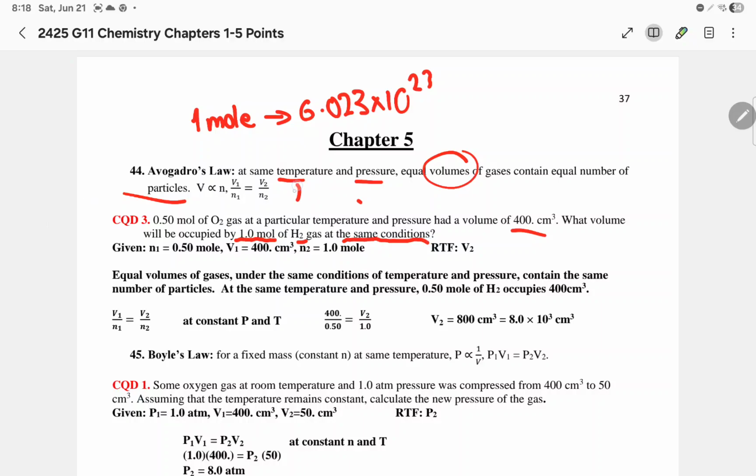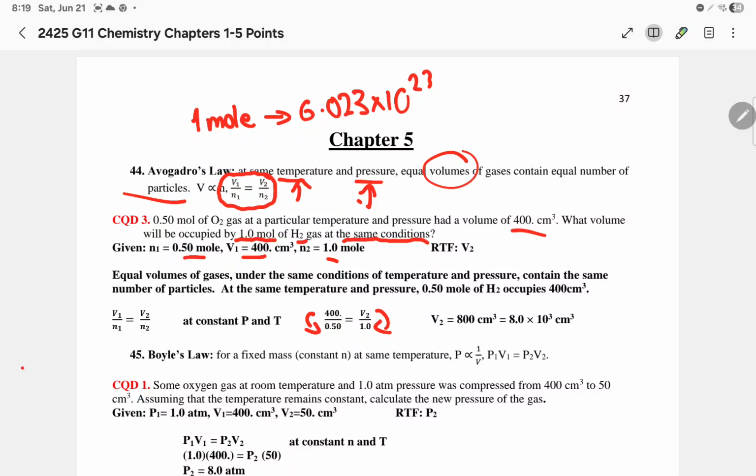At the same temperature and pressure, equal volumes of gases will have the exact same number of particles, because V1 over N1 equals V2 over N2. So here we have V1, which is 400 over 0.5 equals V2, which we need to find, over 1. So 800, because you need to double it.